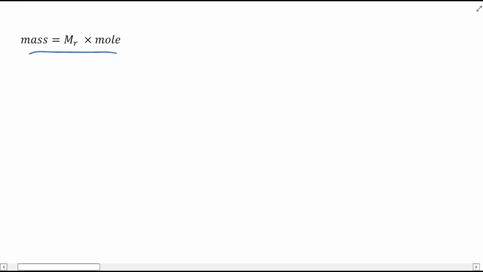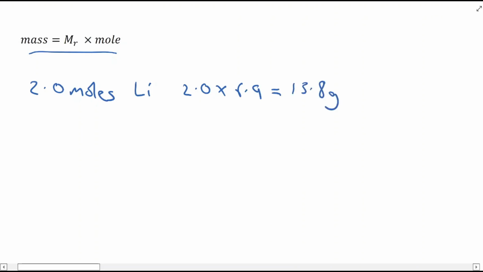So if you want to know what mass 2.0 moles of lithium would be, then we're just going to go 2.0 times 6.9, and that will give us our answer, 13.8 grams. It's as simple as that.